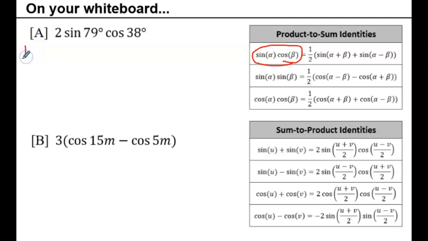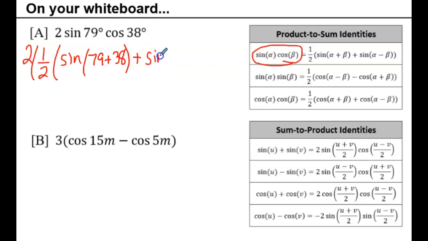So we have a leading coefficient of 2, and then our identity is 1/2 times the quantity sine, and then we're going to add the angles, so 79 degrees plus 38 degrees, and then plus the sine of the difference of the angles, so 79 degrees minus 38 degrees.